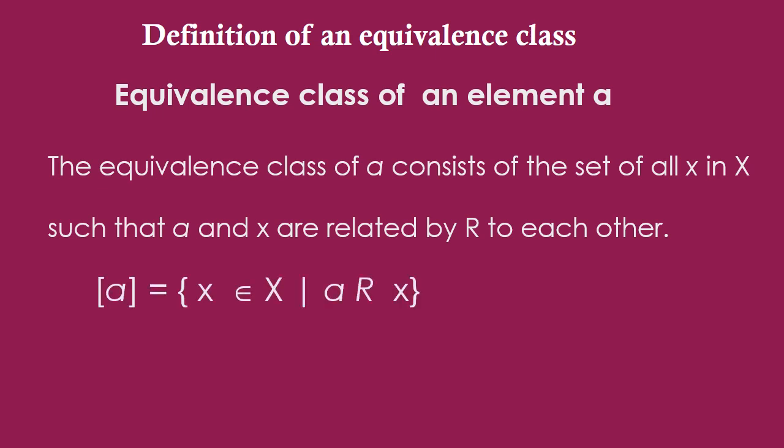And it is written as square bracket A is equal to the set of all x belongs to X such that A is related to x.